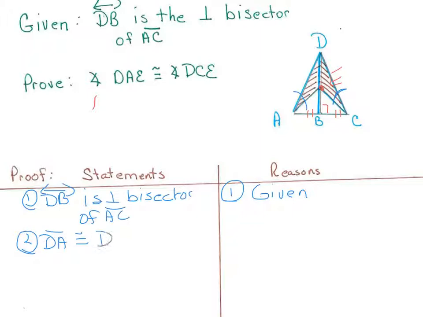Do we have any other segments that lie on the perpendicular bisector? Gabriel? Segment EA is congruent to segment EC, and that is because of the perpendicular bisector theorem.